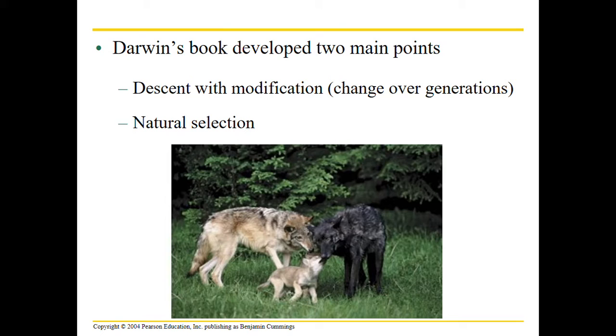No, descent with modification just means that, let's say, natural selection and descent with modification go hand in hand. It just means the best characteristics suited to that environment will survive through generations, and they might modify to be a little better suited over generations, so over time, suited to the environment.